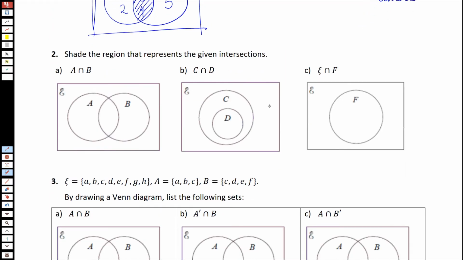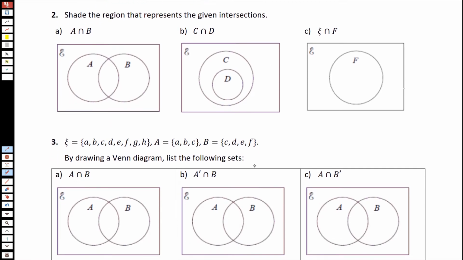So in number 2, we are required to shade the region that represents the given intersections. So here, what is common in A and B will be that. Okay, C and D, because D is in C, that implies that the common elements in both of these sets will be the elements in C. So basically, this will be common in both.